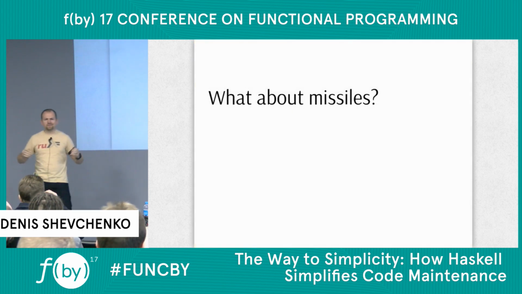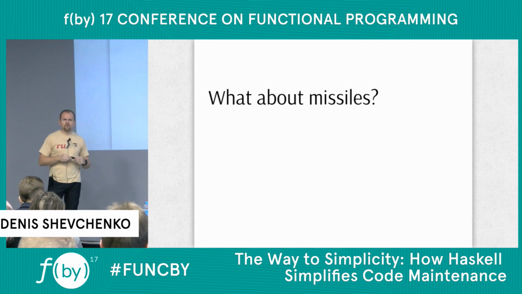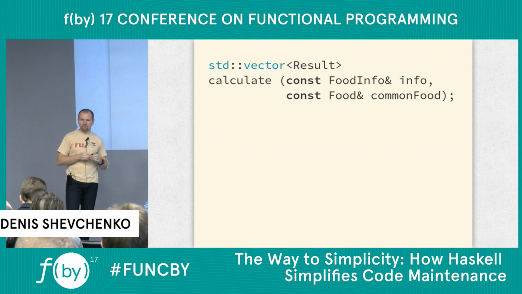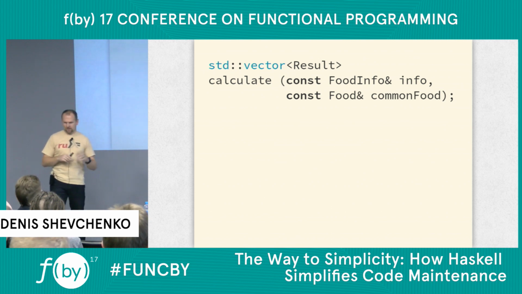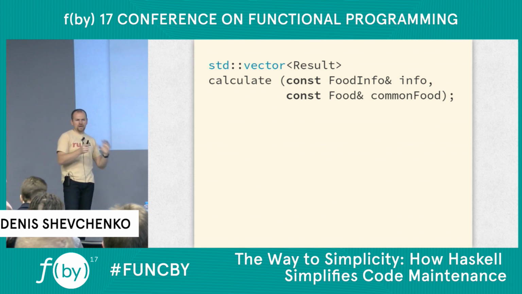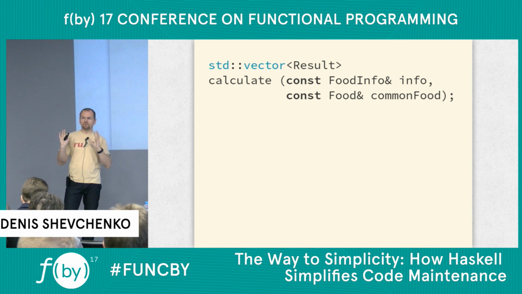Okay, let's move on to our second example. What about missiles? Before we look at the missiles, this is an example from one real project, a calculator of food for diabetics. We take some food info and we return some results.